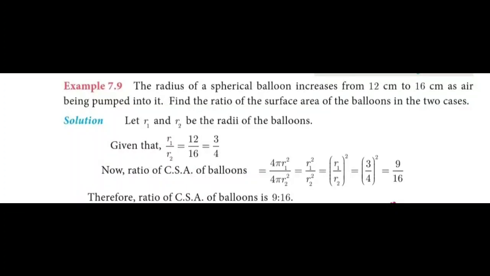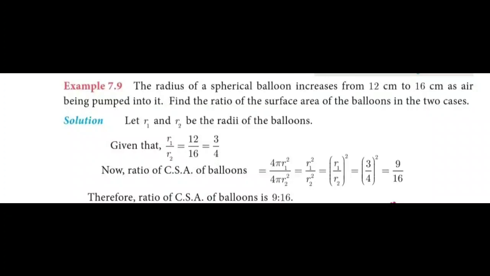The ratio of the CSA of the balloons is 4π R1² divided by 4π R2². Then 4 and 4 cancel, π cancels, giving R1² divided by R2².